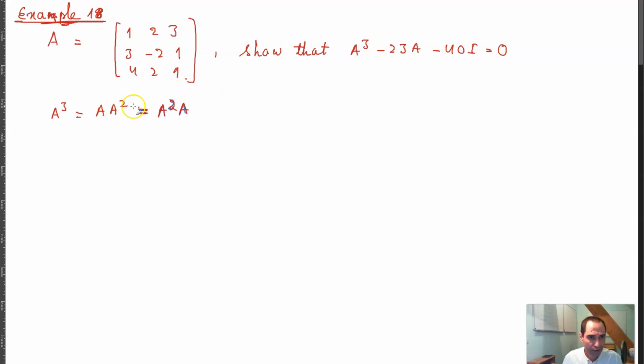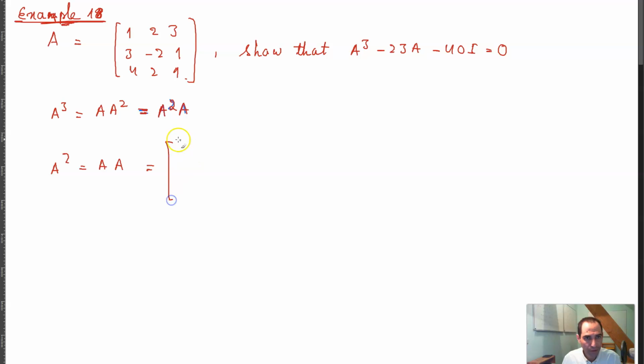So now if I start with A squared, A squared is equal to A times A. Since I'm dealing with A and A, it doesn't matter whether I write A times A or A times A; it would be the same thing.